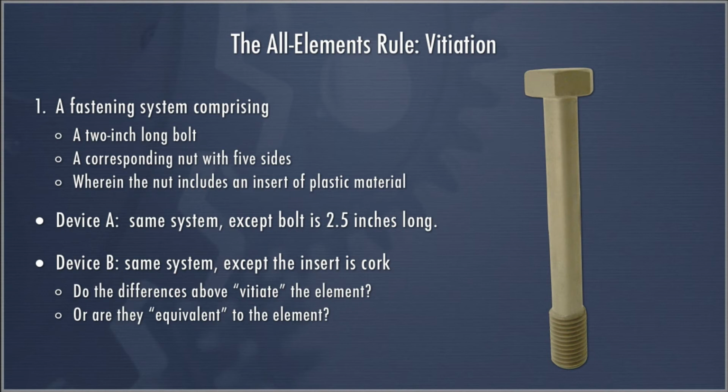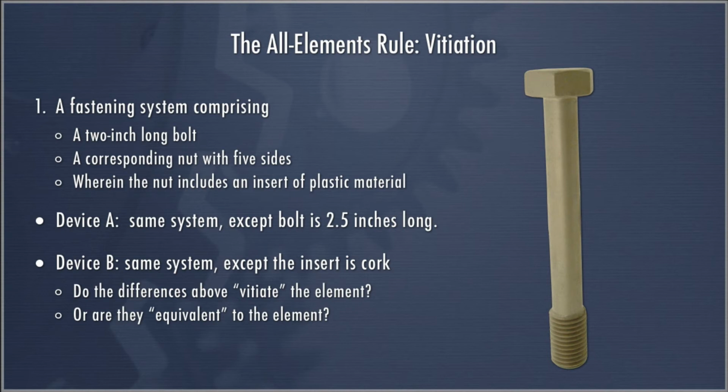Numbers are extremely difficult under the Doctrine of Equivalents. We discussed this a little bit in class before, but numbers are very difficult to deal with because of this vitiation theory. The argument is that the 2-inch long bolt element is extremely specific, right? They claimed that they wanted coverage of 2-inch long bolts. 2.5 inches is simply not the same as 2 inches, right?